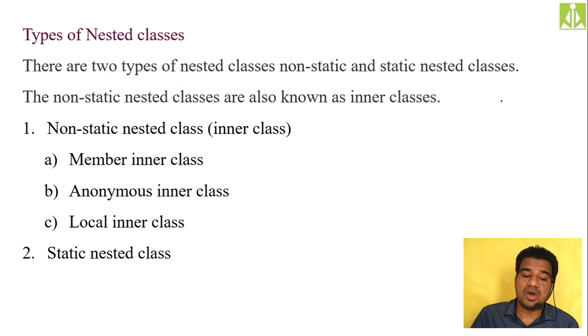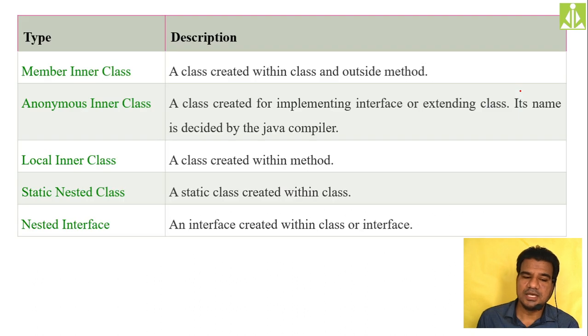The non-static classes are further divided into three: member inner classes, anonymous inner classes, and local inner classes. Then the second type, static nested classes, we have to discuss as well. So quickly go and see the description of all these classes.